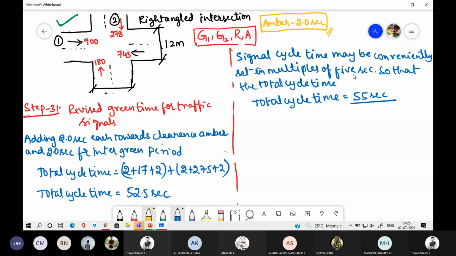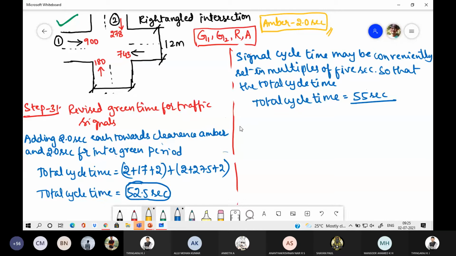In the IRC method, if you are getting decimals, round it to 55 seconds. The entire number should be a multiple of 5. That's why I am rounding it to 55 seconds.